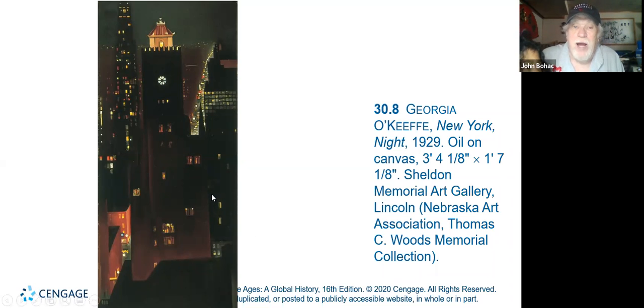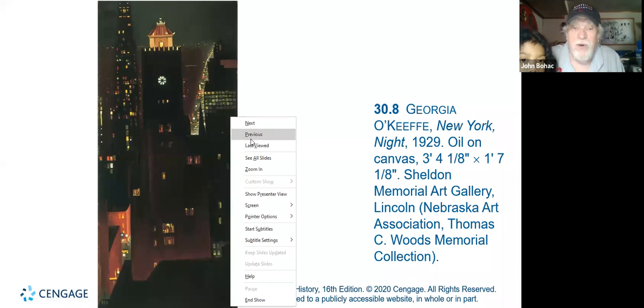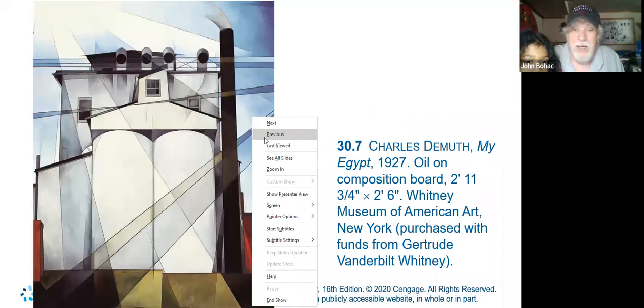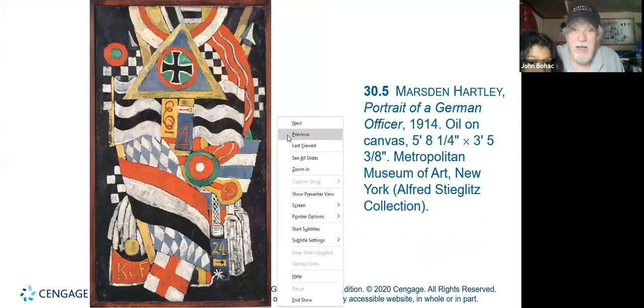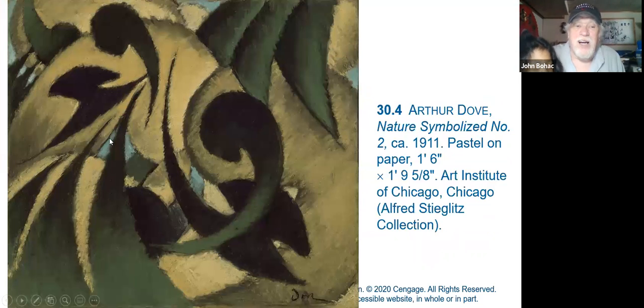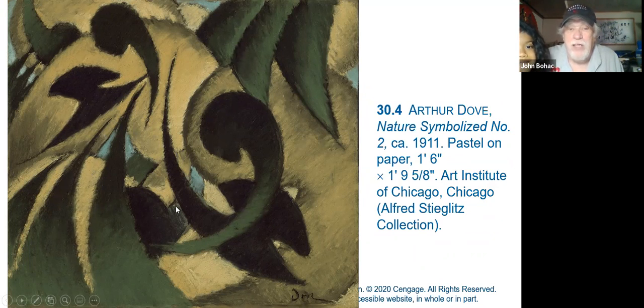And that would go back to, if I could run this backwards, I don't think it's that far back. This kind of is like Georgia O'Keeffe, but this is a little bit more painterly.